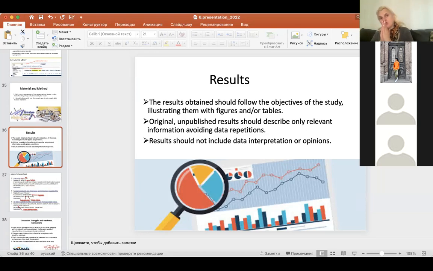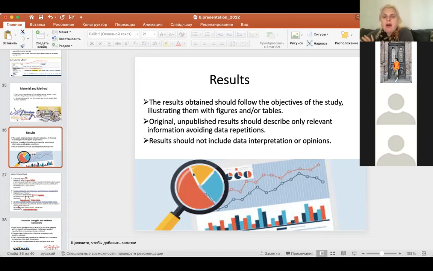But the golden rules tell us that it is very nice and very logical if we present our results with text, with tables, and with graphs together.